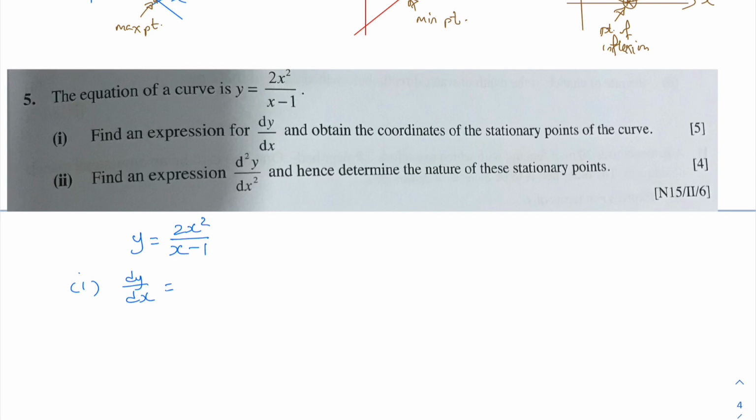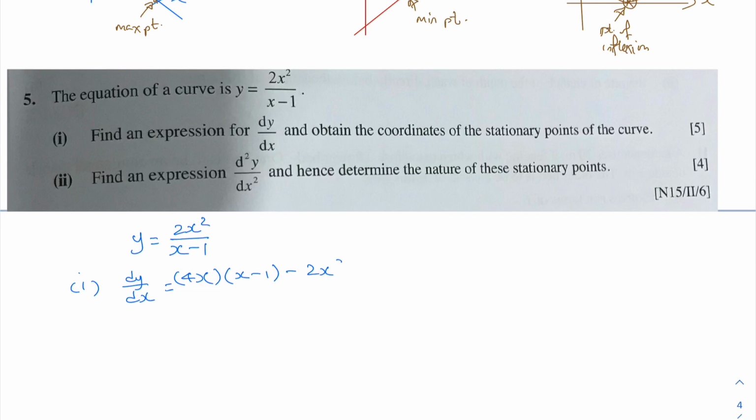Differentiate the top first or the bottom first? The top. So differentiate the top. 4x, very good. And then you keep the bottom, the denominator, x minus 1. And then minus, very good. Then x. Now you're differentiating the bottom, and you are keeping the top.